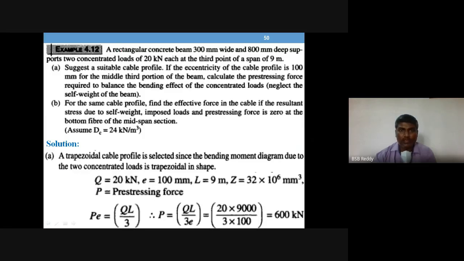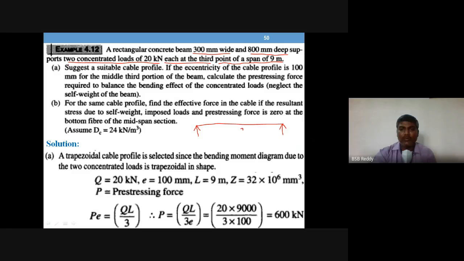A rectangular concrete beam 300 wide, 800 deep, supports two concentrated loads of 20 kilonewton each at the third points of a span of 9 meters. So at one-third points you have the loads. Let us draw a rough sketch.